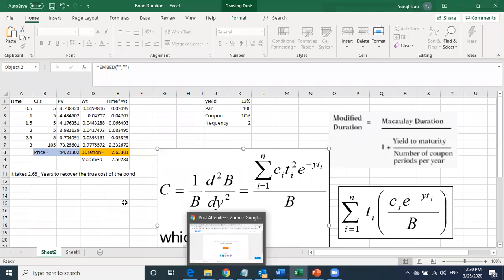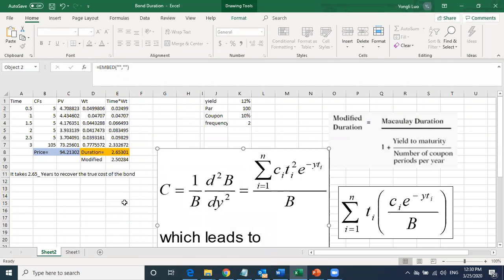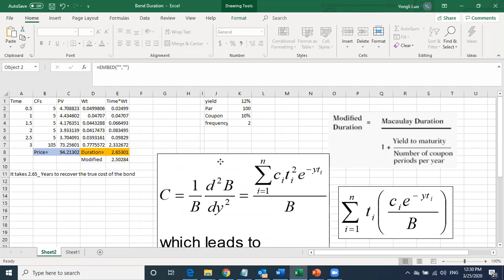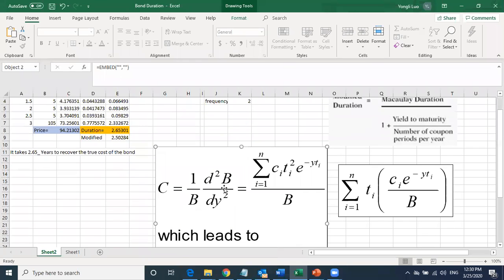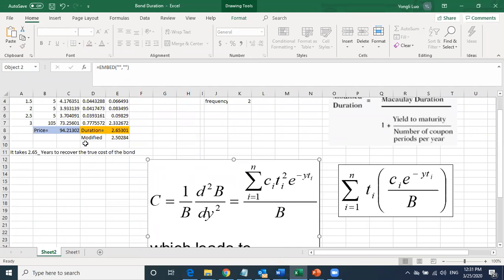That's how the duration looks. It's a convexity curve. Convexity measures the changes in the interest rate. Duration is more accurate when the interest rate has only a very small change. But if the change is big, the price change is not going to be accurate.